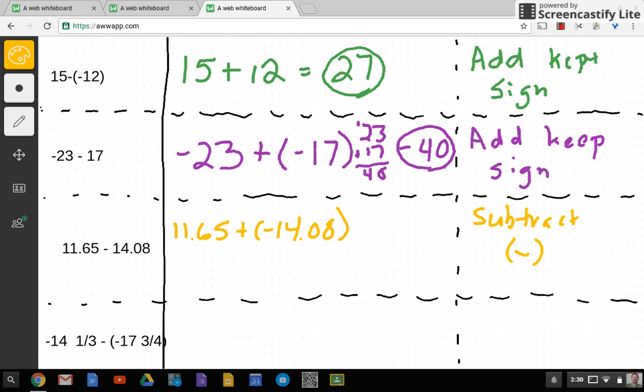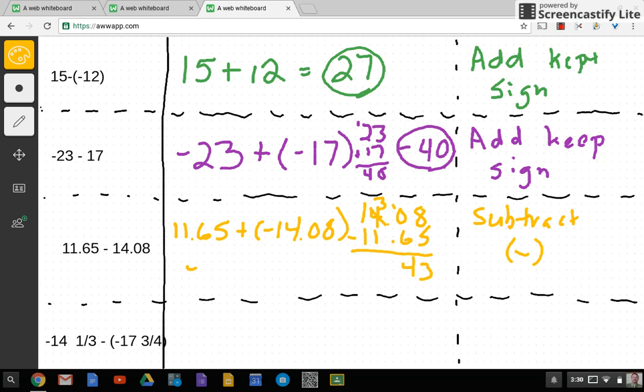Okay, so what I'm actually doing is I'm just going to line up 14.08 and 11.65. Not going to worry about the negative sign because I already know my answer is negative. Know that for sure. So there's 3 there. Going to have to do some regrouping.